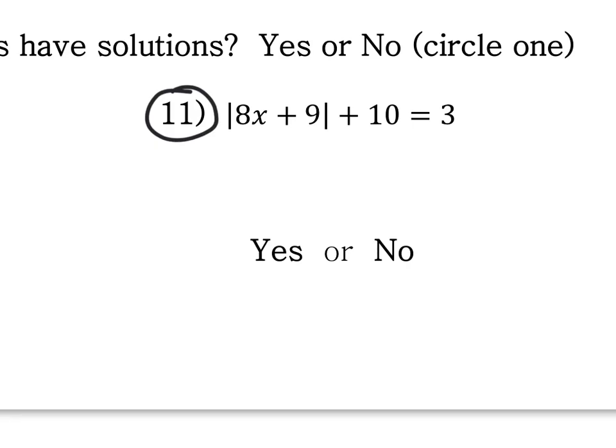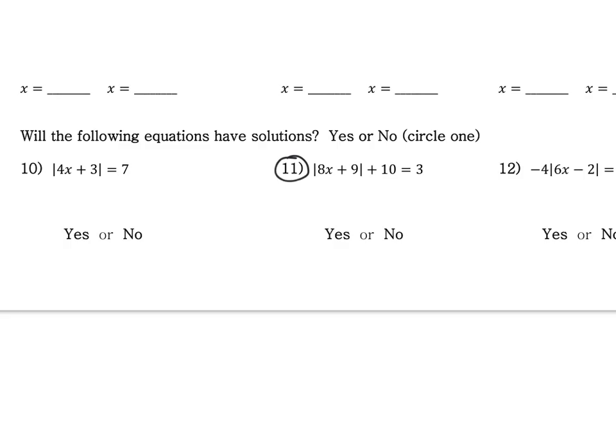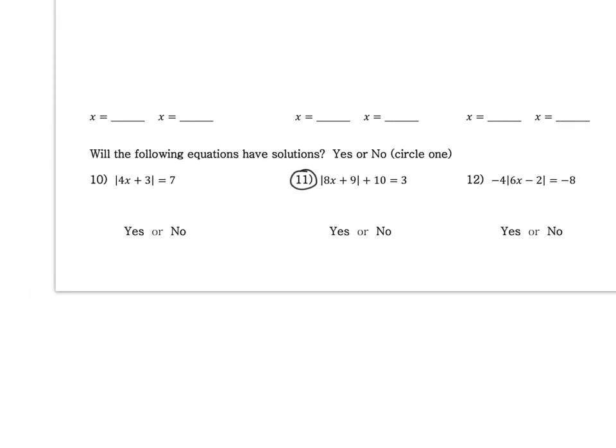So if you ever have an equation that has only absolute value on one side and a negative number on the other side, you can't solve it because you can never take the absolute value of something and end up with a negative. So basically that's what we want to look for in 10, 11, and 12. Do these absolute value equations end up equaling negative numbers? If they do, then no, you cannot solve this equation. If they don't, if they equal a positive number, then yes, you can solve it.